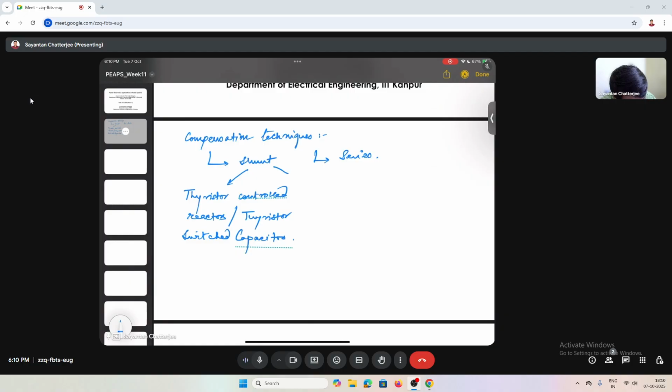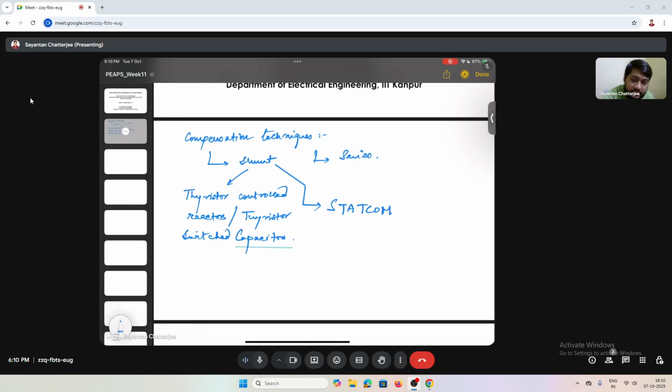It has additional varieties to cover, and the major segment in this part is the STATCOM.